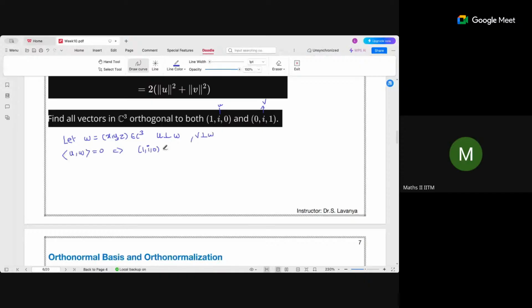The inner product of U and W, with x comma y comma z, equal to 0. What will you get?